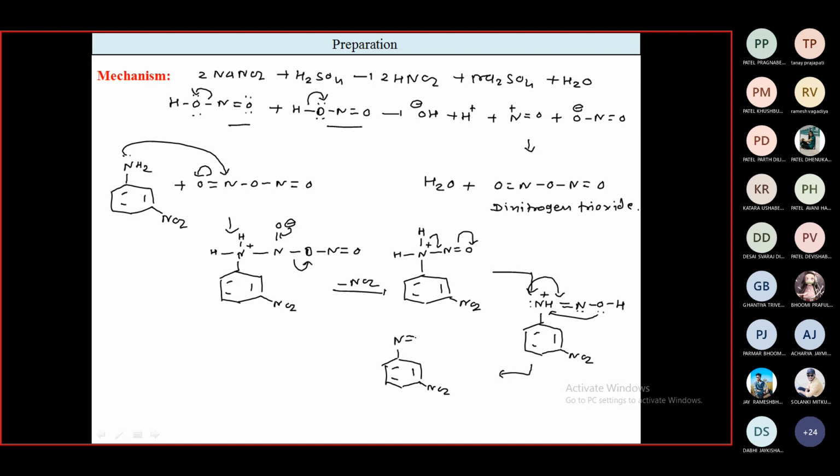So it's N double bond N OH2 plus, which on dehydration gives N2 plus.